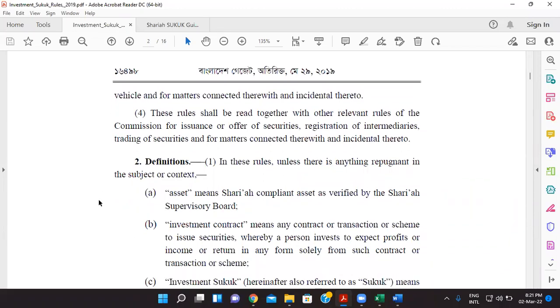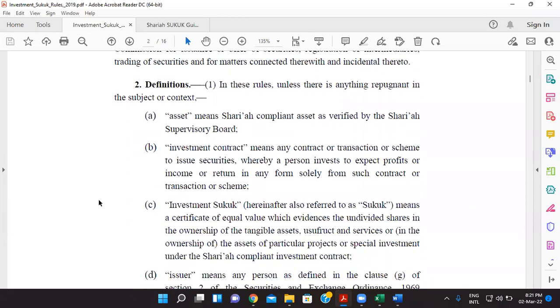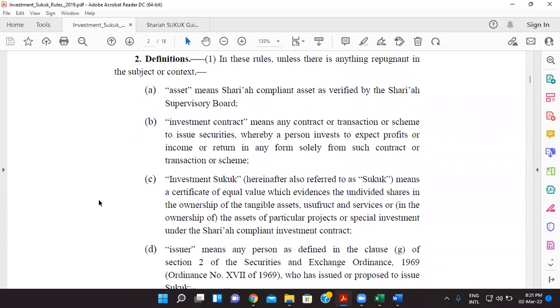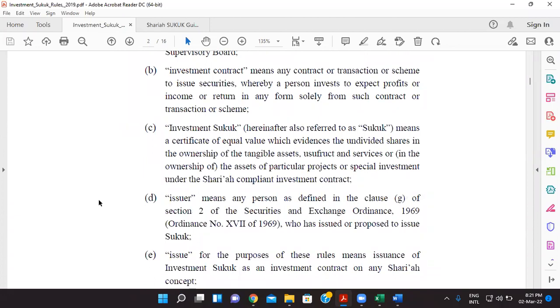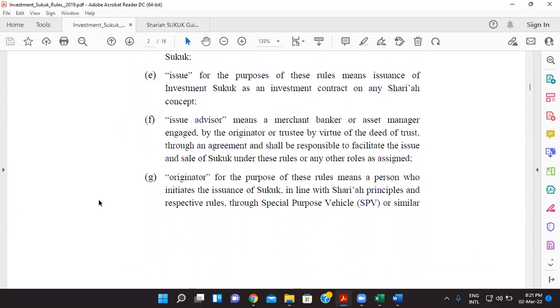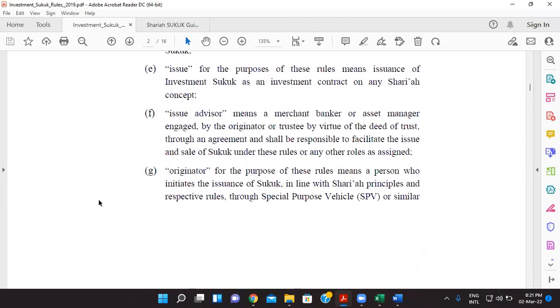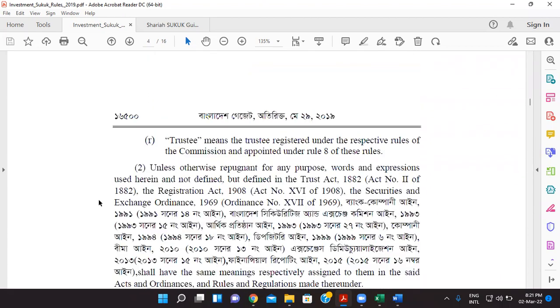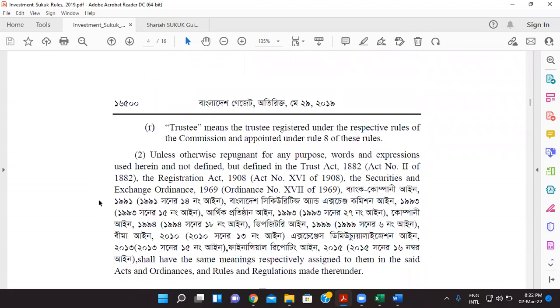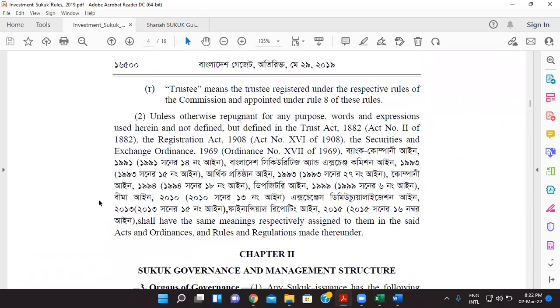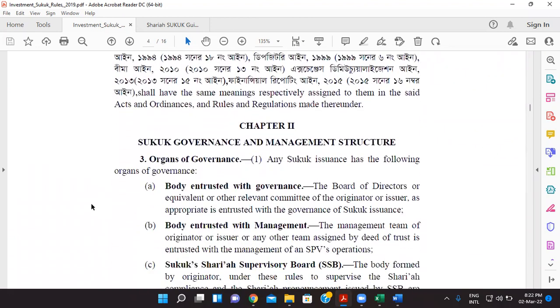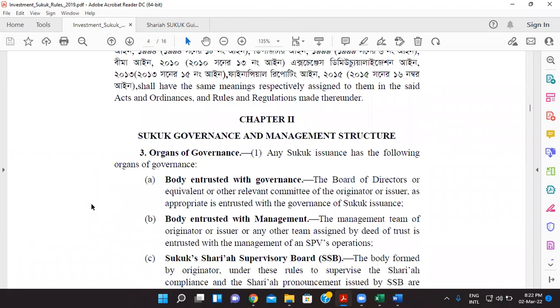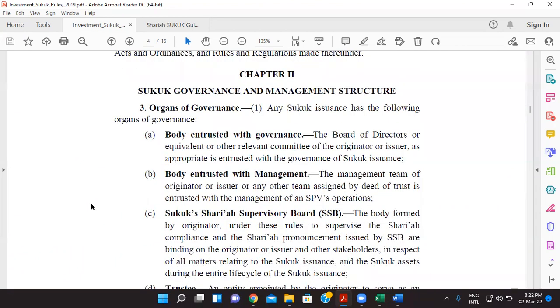So there are some definitions, and most of these definitions should be familiar to you, as we have discussed sukuk in one of the classes. So instead of spending time on understanding the definitions, it is your homework to look for the definitions.